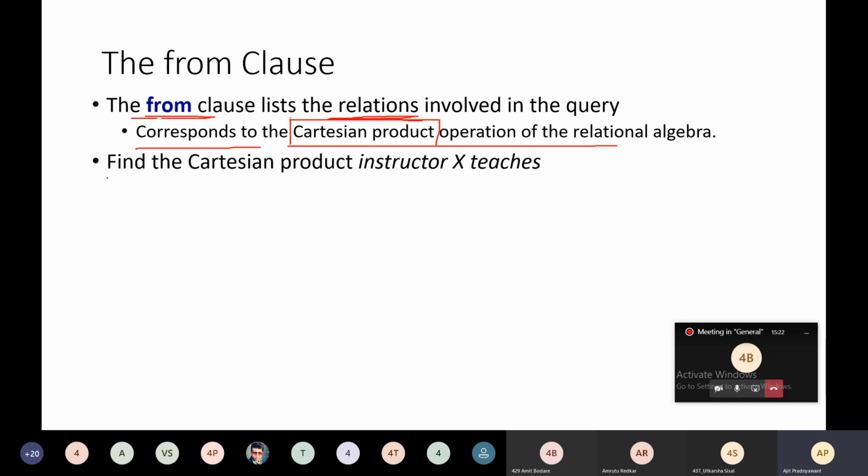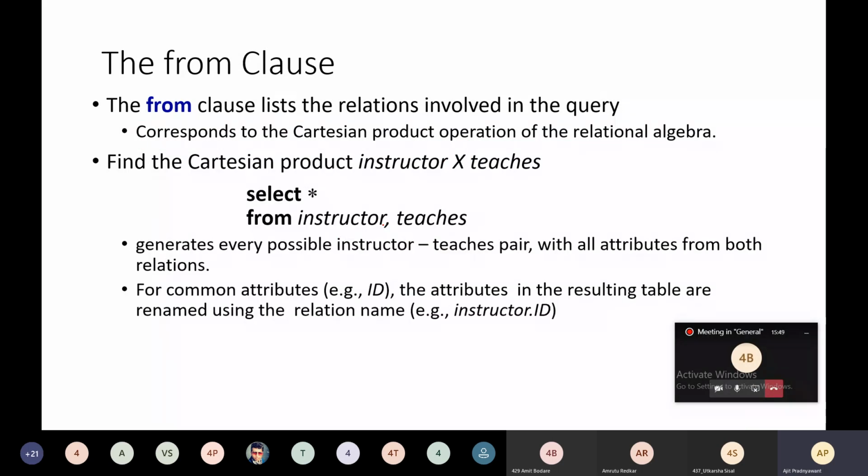So find the Cartesian product of instructor and teachers. These are the two relations. Instructor is a relation and teachers is a relation, and this symbol is used to denote the Cartesian product. So how to find the Cartesian product of these two relations? Basically this Cartesian product is formed when you write the query like this.